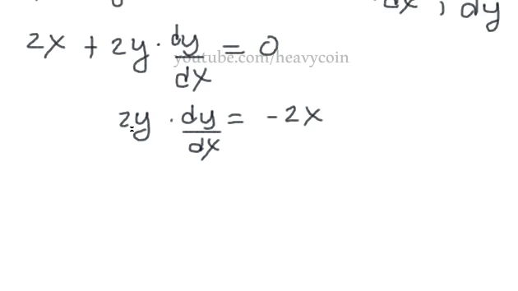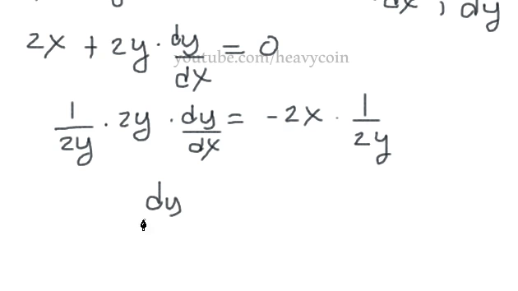Now what we're going to do is multiply both sides by 1 over 2y. That'll get those to cancel out, and we'll be left with dy over dx is equal to, and this will simplify down to negative x over y. And that's it, we're done.